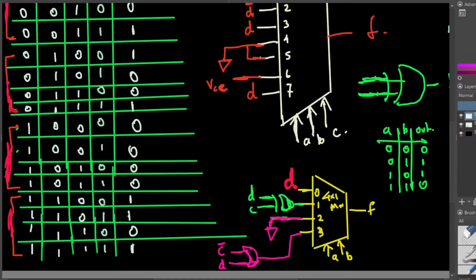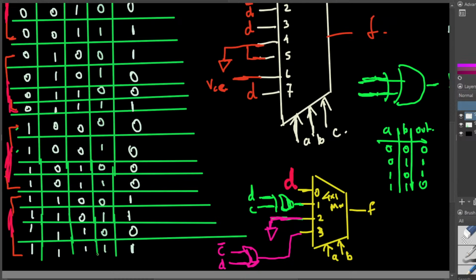Let's look at this. So if 0 and 0, if you put a C naught, this is going to become 1. 1 or 0, what is that? That's 1. And here 0 1, and if I put a naught, this is going to be 1 1. 1 or 1, what is that? 1. And here if I put a naught, this is going to be 0. 0 or 0, what is that?